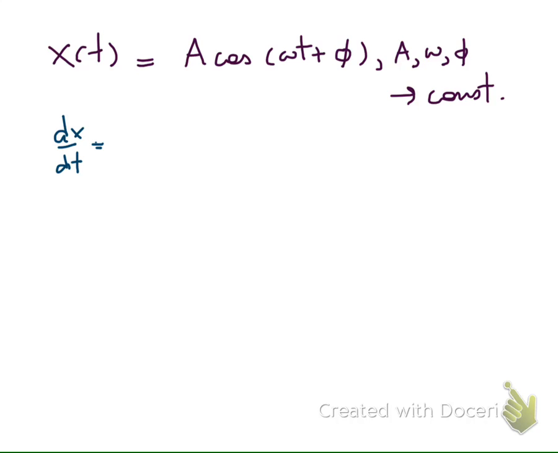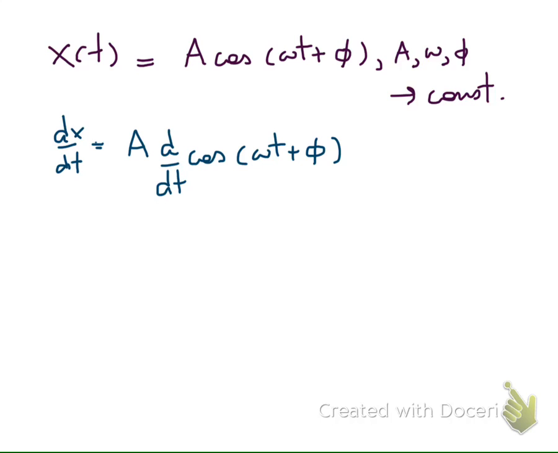So when we do the derivative, we can take a out of the process of derivative. So we have a d by dt of cos(omega t plus phi). The derivative of the cos function is minus a sine function.